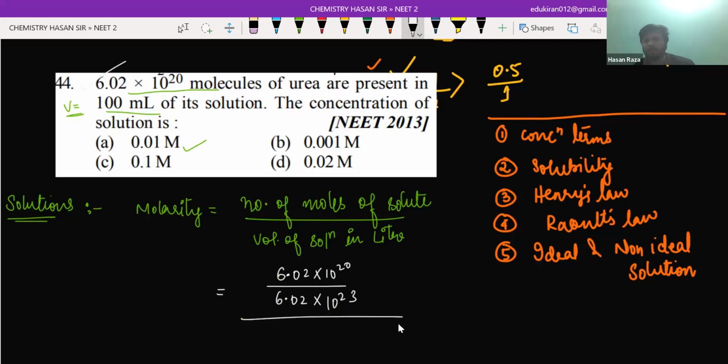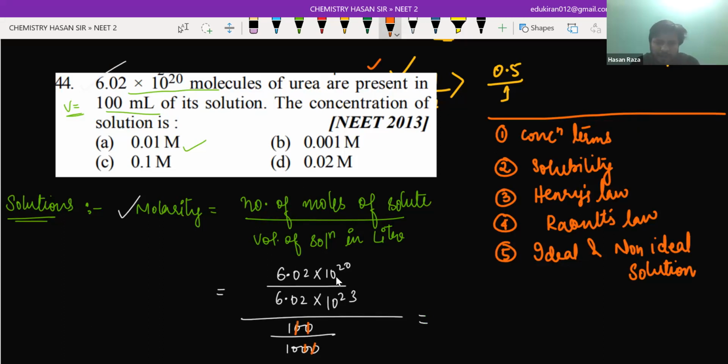This is the value of the number of moles of solute upon volume of solution, that is 100 ml divided by 1000. Whenever you use the molarity formula, you put the volume in liters. That's why I divided it by 1000.